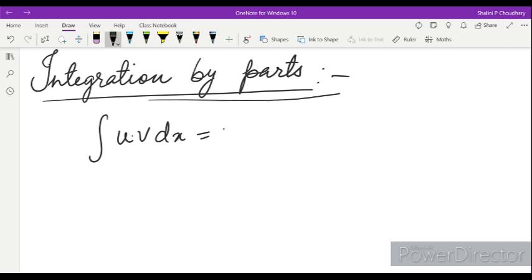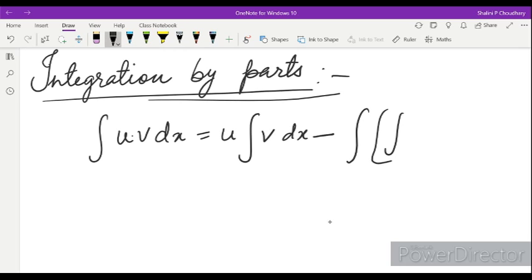The formula will be u times the integral of v with respect to x, minus the integral of, again, the integral of v dx multiplied by du upon dx, and then dx. It means this is the first function and this is the second function.